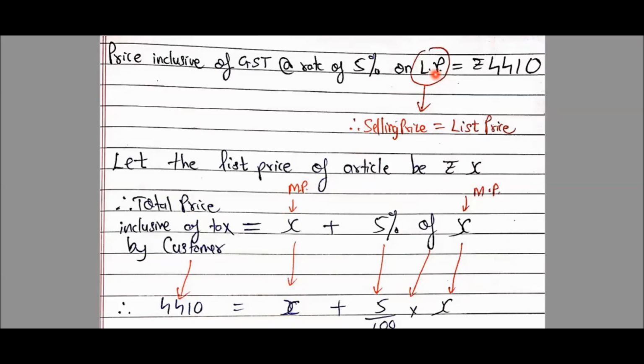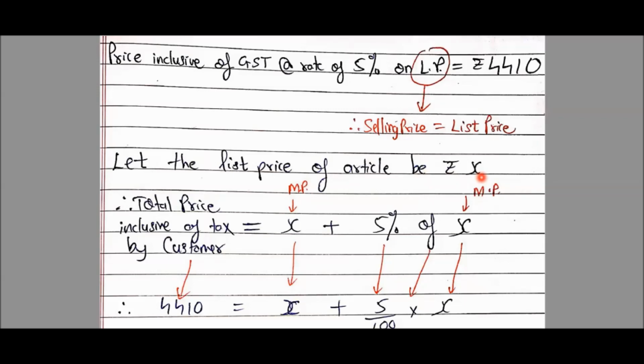If discount had been given, it would have been written that tax is calculated on the discounted price. So in our case the selling price of the shopkeeper is the same as the list price. It is asked in the first sub question, what is the list price of the article? Let the list price of the article be rupees X.